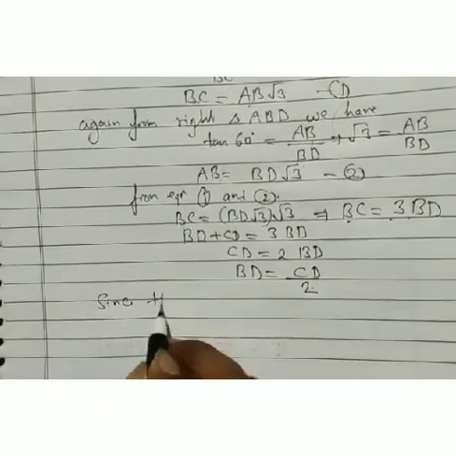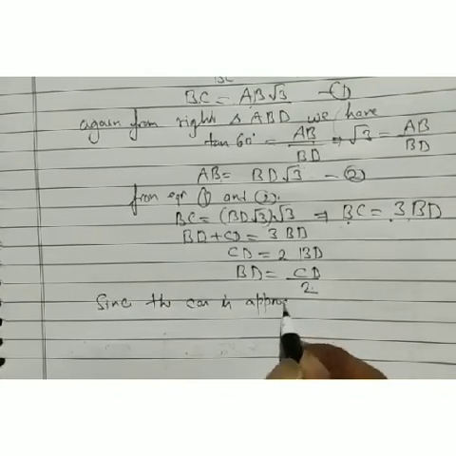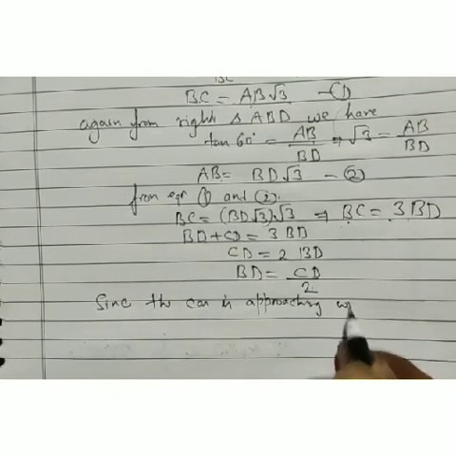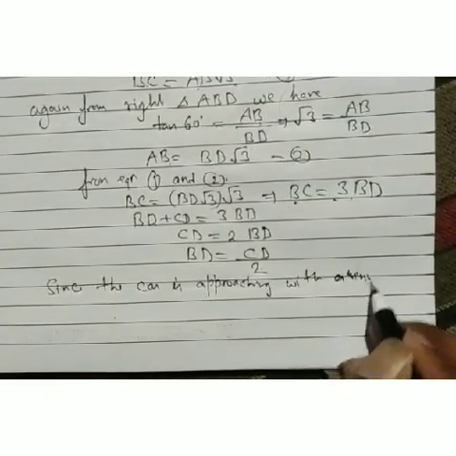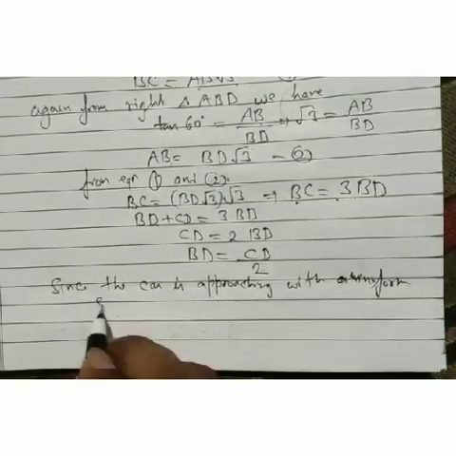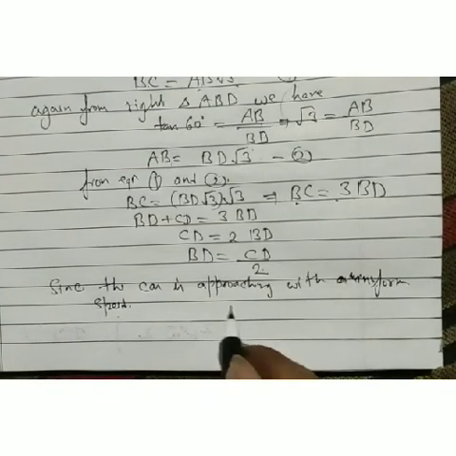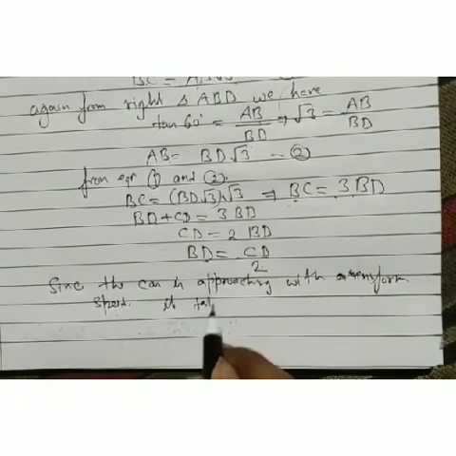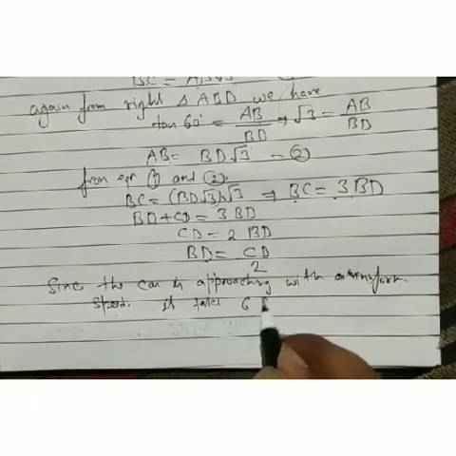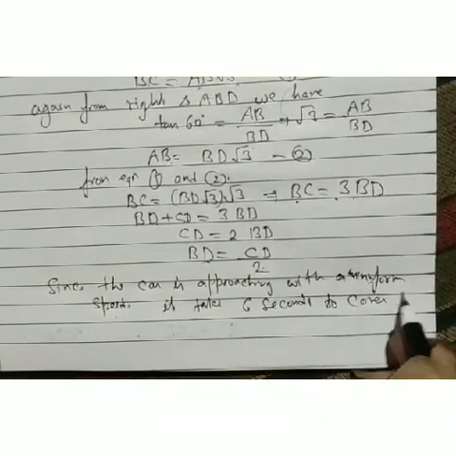Since the car is approaching with a uniform speed, then what do we have? It takes 6 seconds to cover CD.